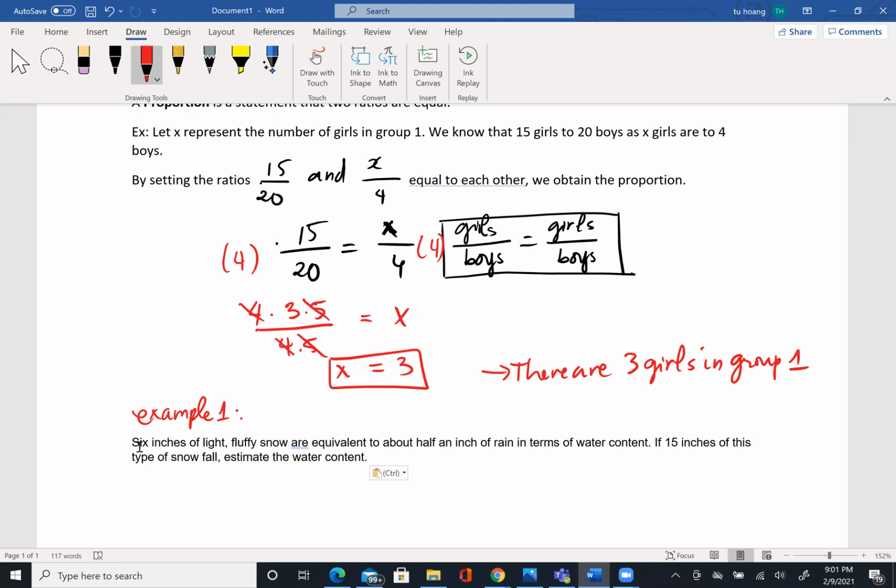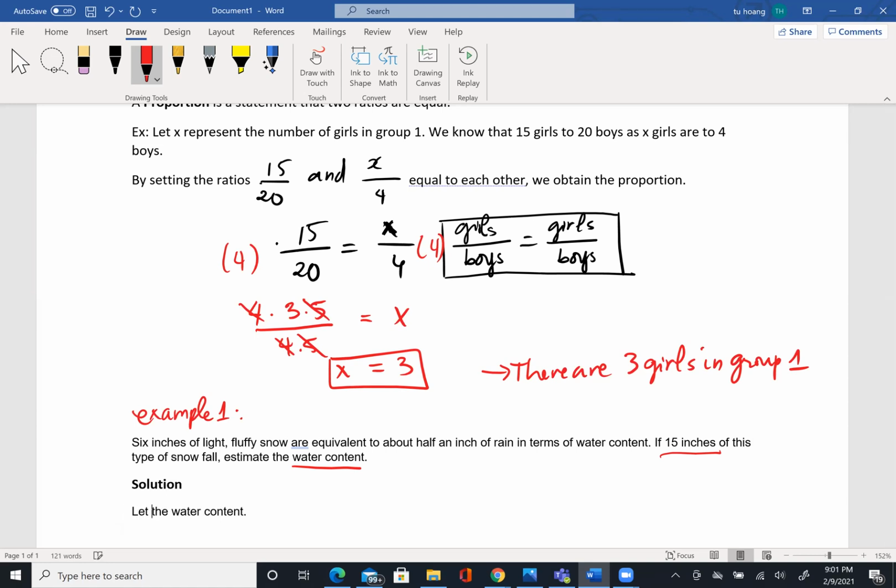So we are looking for what? We are looking for the water content, which we estimate, if we have 15 inches of this type of snowfall. Firstly, I'm going to write the solution.